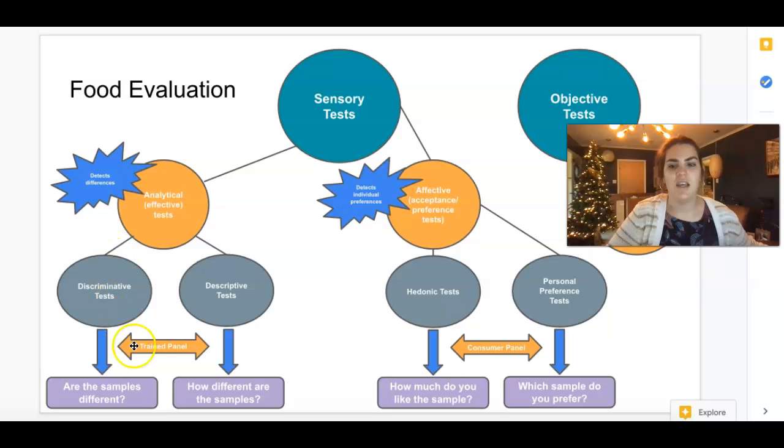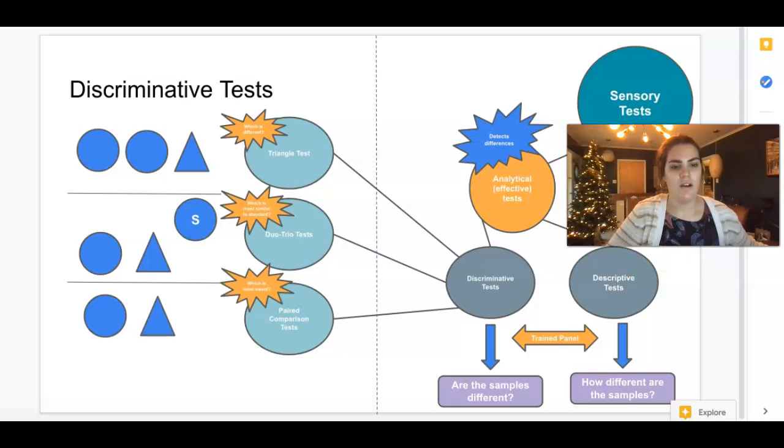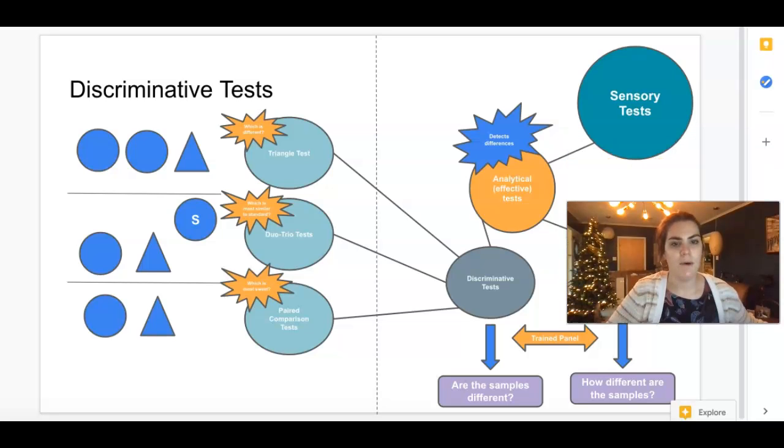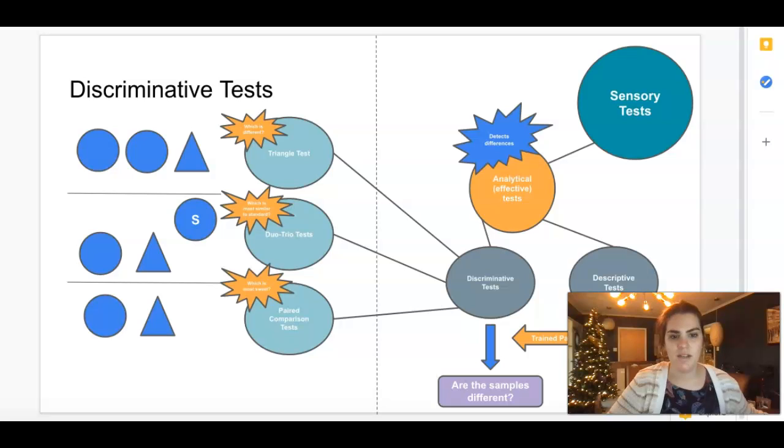So as you can see, these are useful in their own right for especially our affective tests to determine consumer preference or how much a consumer may like a proposed product. So I want to look further into our discriminative tests, which, remember, discriminative tests were under the analytical tests under sensory tests.